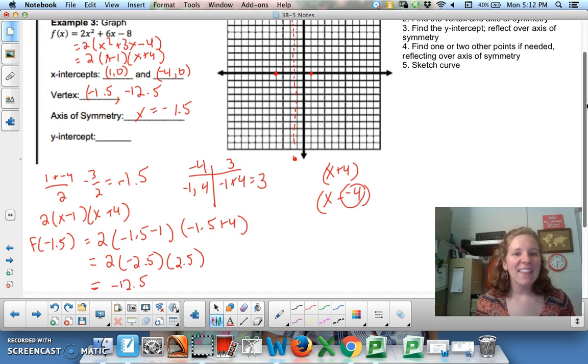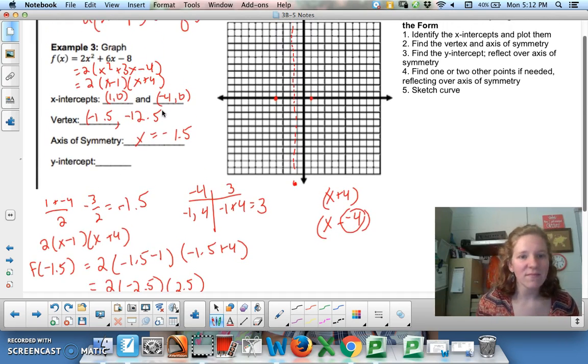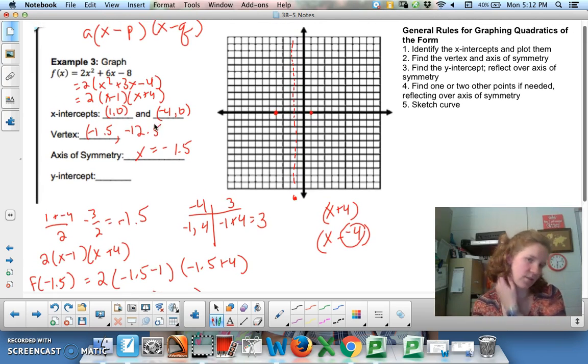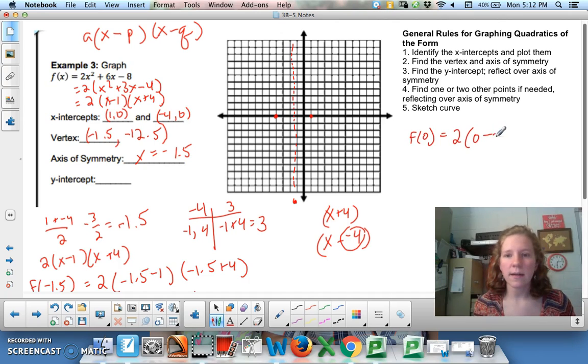Okay, and then my y-intercept. I quit scrolling here. So I'm going to plug in f of 0, and that's going to be 2 times (0 minus 1) times (0 plus 4).